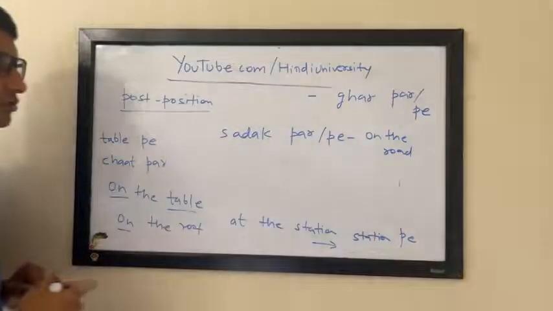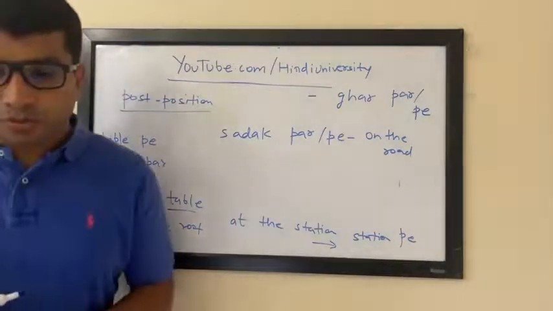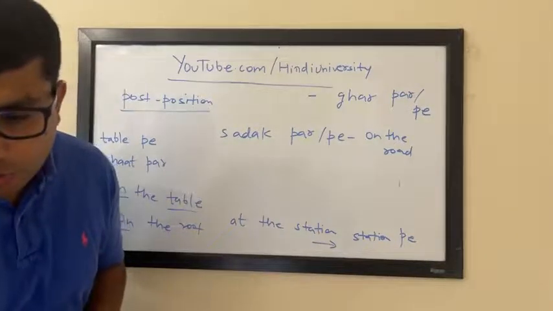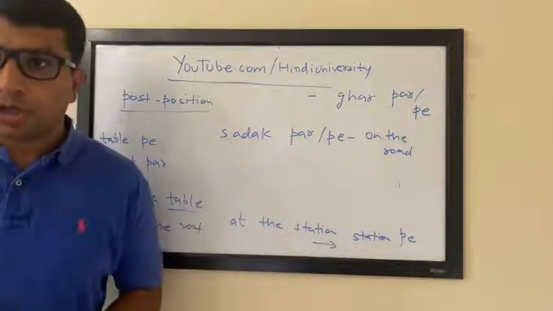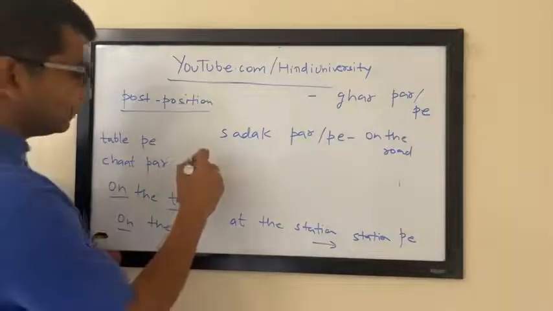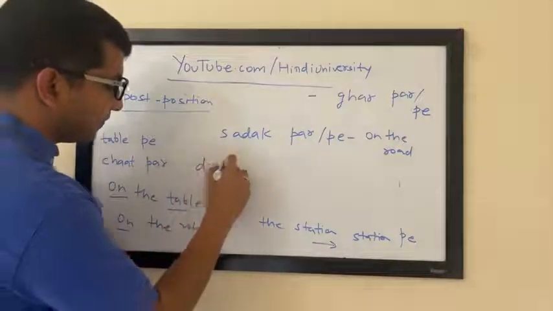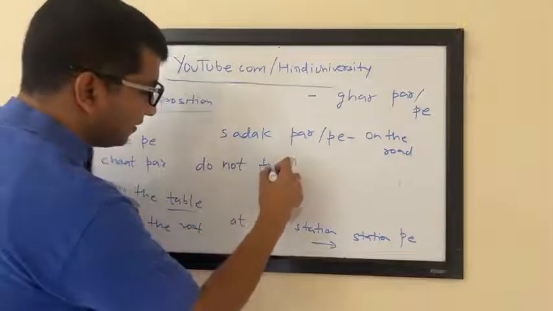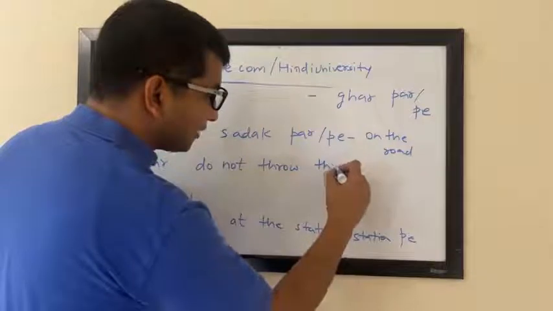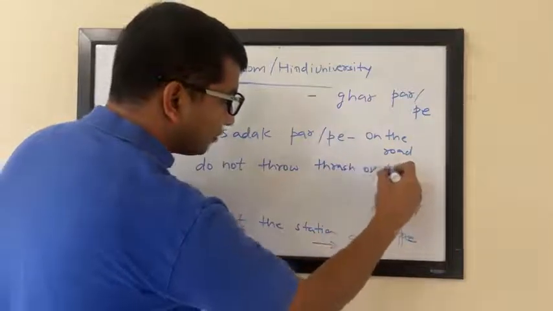So if somebody wants to say don't throw trash on the road, how will you say it in Hindi? Do not throw trash on the road. सड़क पर कचरा मत फेंको. Very good. Do not throw trash on the road.